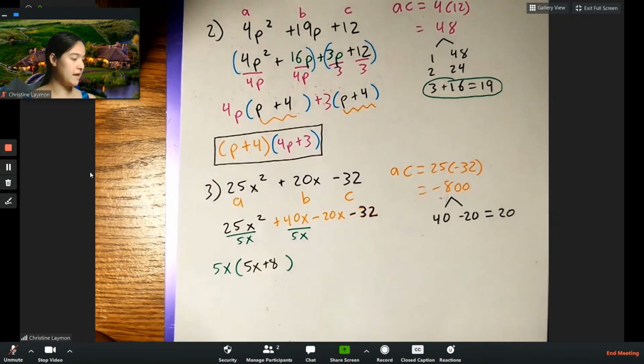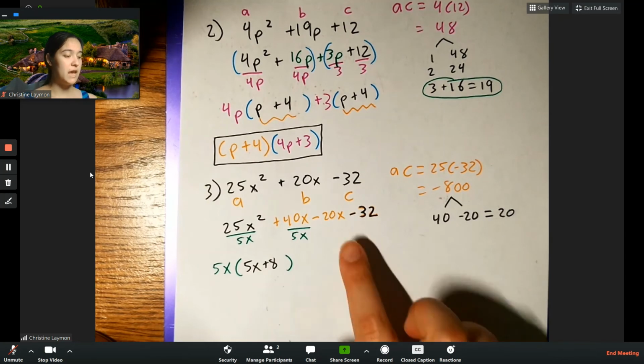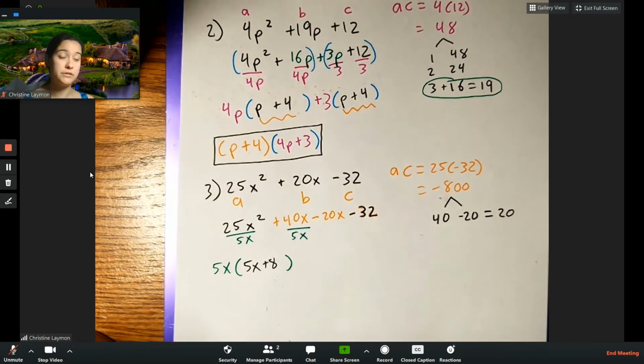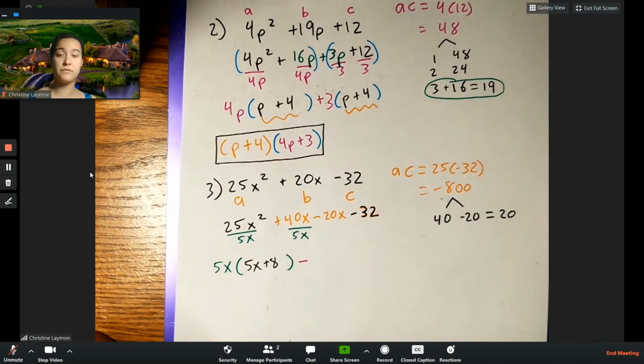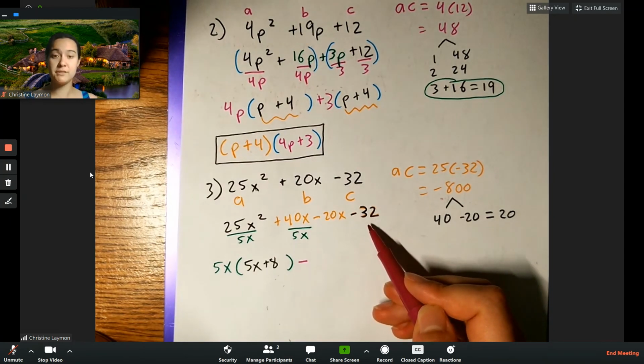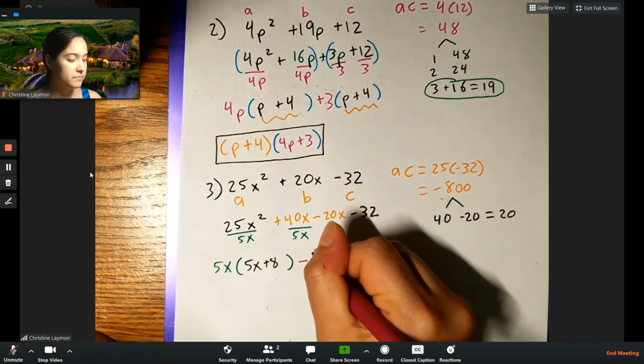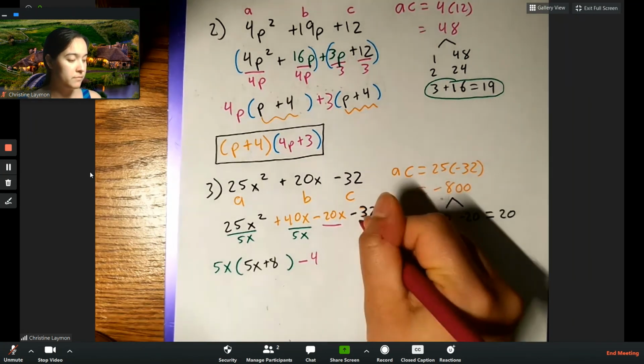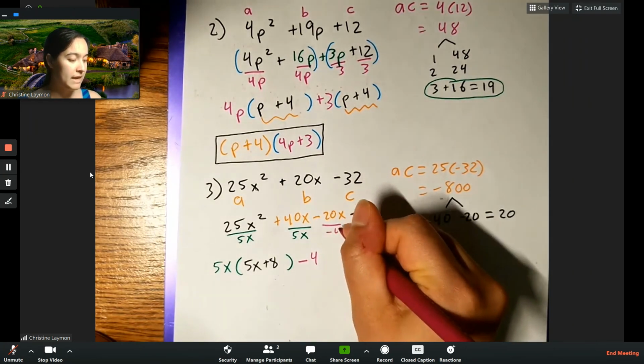For this next set, I have negative 20x and negative 32. They both have a negative, so I know I want to take out a negative. 20 is 4 times 5. 32 is 4 times 8. Take out a 4. Which means I'm coming through here and dividing both by negative 4.